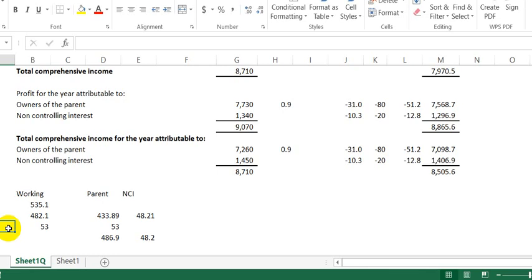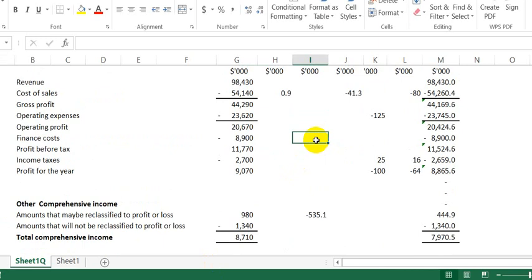The remainder is what is split between the parent and the NCI. Hope that is clear. So we can then bring that in the working.